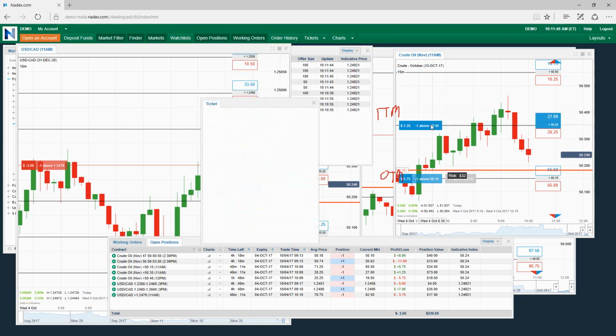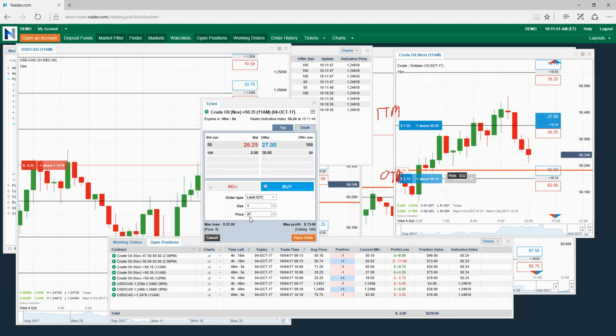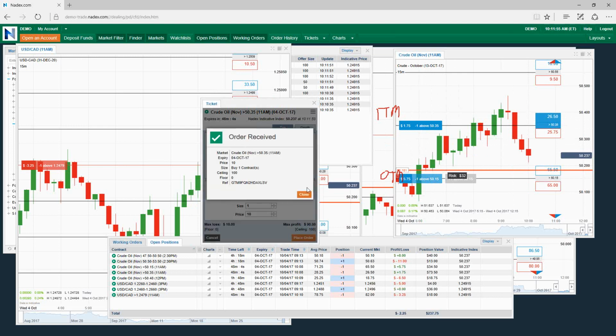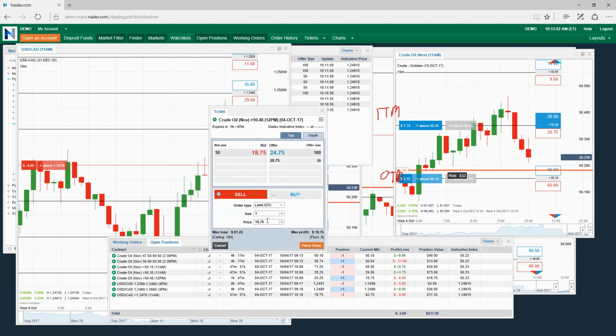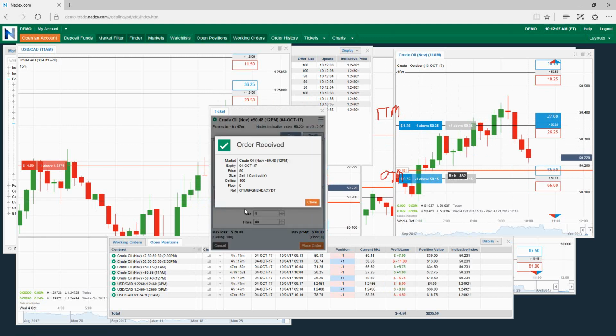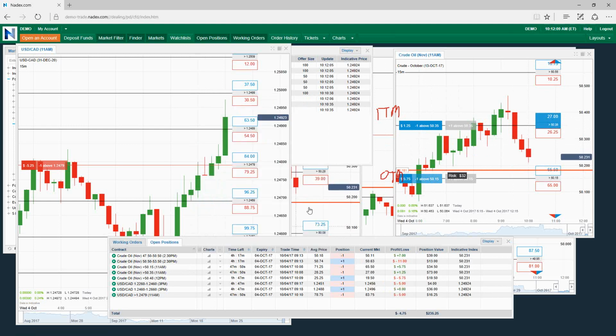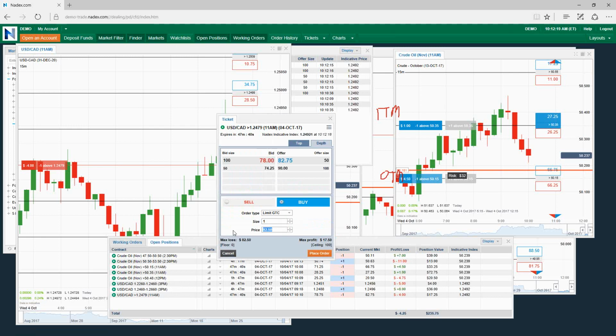And I'm going to do a $10 target on this one because it was in the money. On this one, I'm actually long, so I need to go above, which would be 80. And you could put it at 50. You could put it at 75. This is something that you choose which one you want. On the Canadian, I'm short, so I'm going to put in a $20 target.